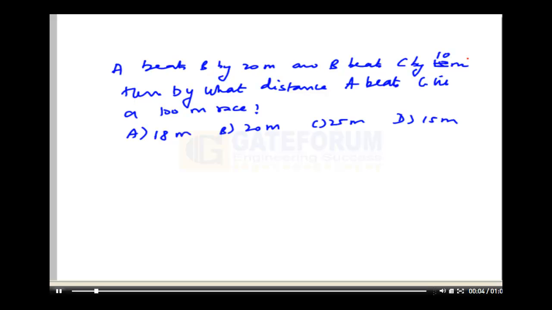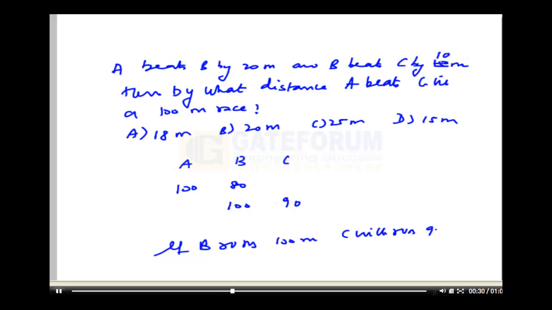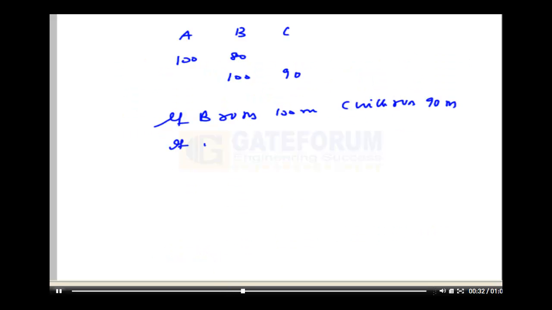A beats B by 20 meters and B beats C by 10 meters. Then by what distance does A beat C in a 100 meter race? Look at A, B and C. When A runs 100 meters, B will run 20 meters less, 80. When B runs 100, C will run 10 meters less, 90. So if B runs 100 meters, C will run 90 meters.